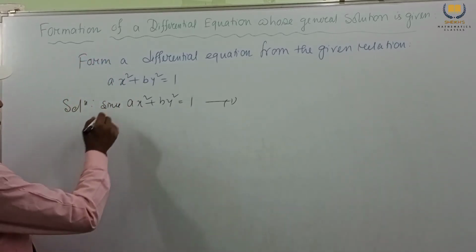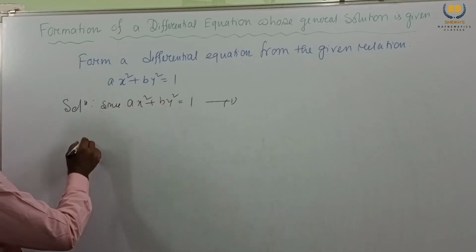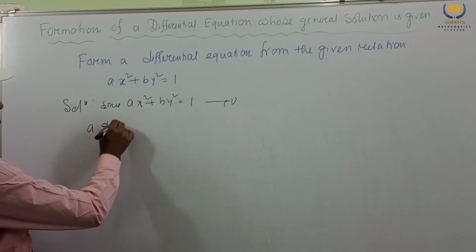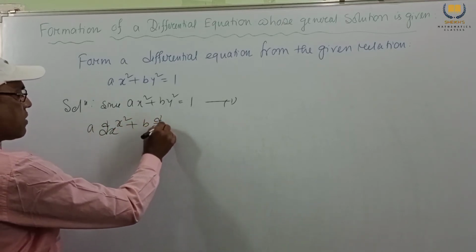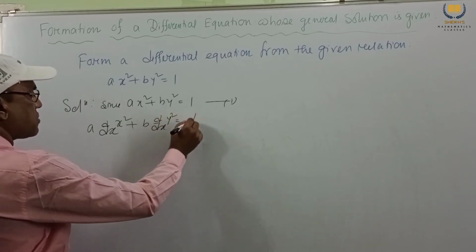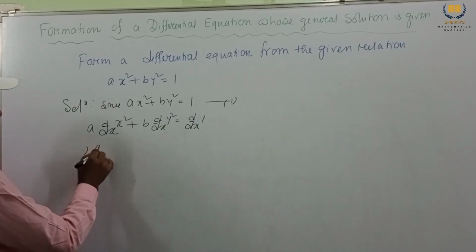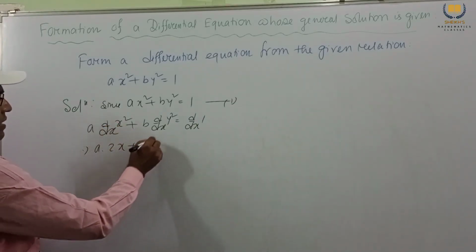So we differentiate both sides with respect to x. If we differentiate both sides with respect to x, then we get: d dx of x square means 2x.